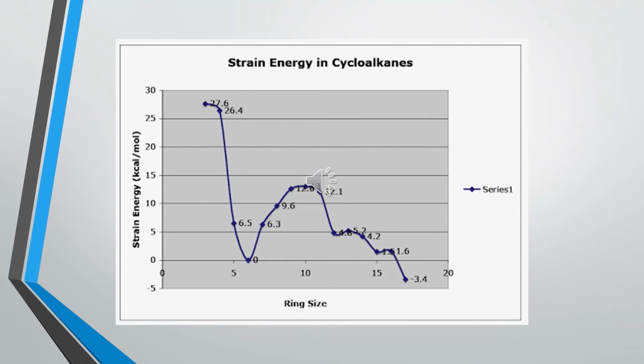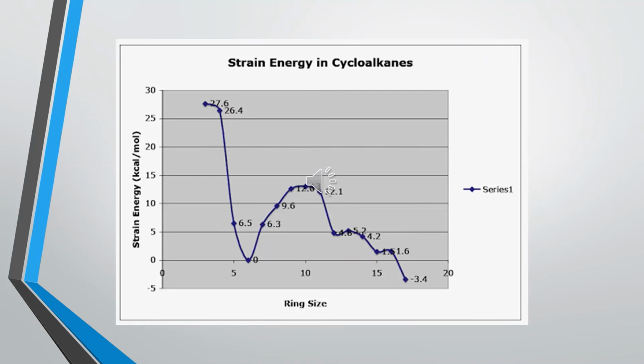But as rings get even larger, as we leave 10, 11, 12, and get larger, actually once we get to 12, it drops way down again, and it keeps going down, down, down, because now you're into large rings, and large rings really do have a lot more conformational freedom and many more degrees of freedom, and they can kind of get out of each other's way.